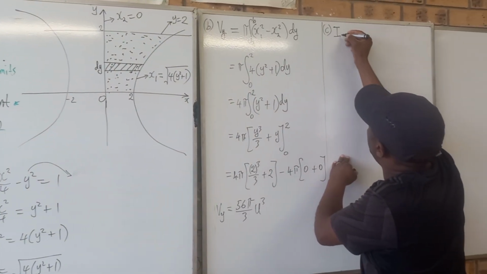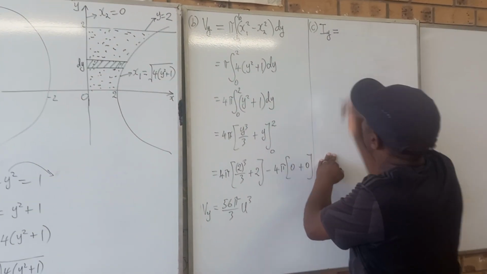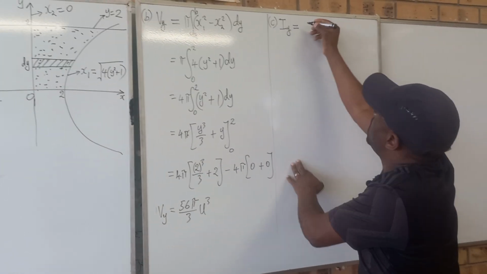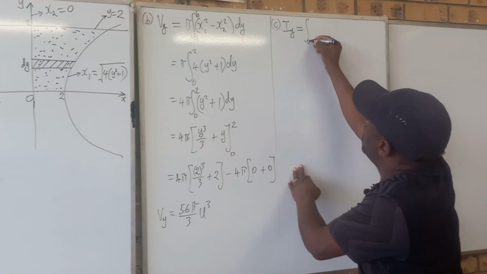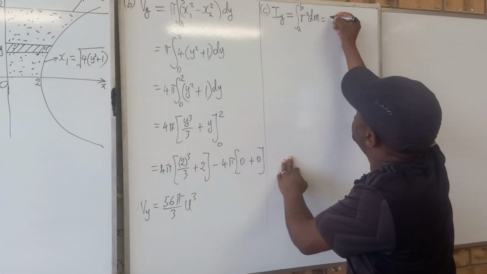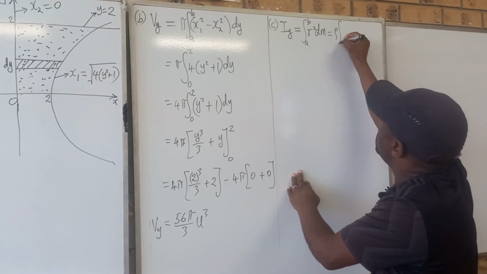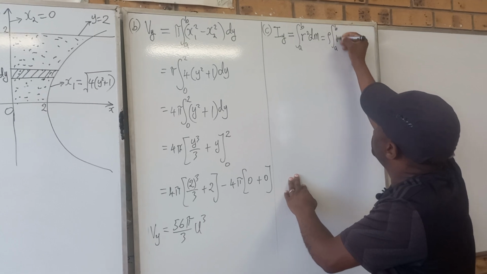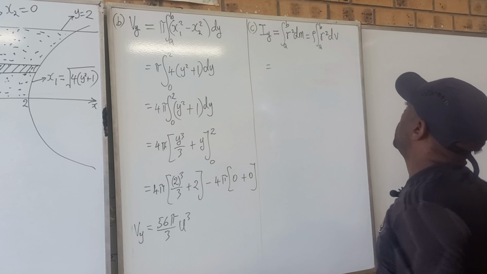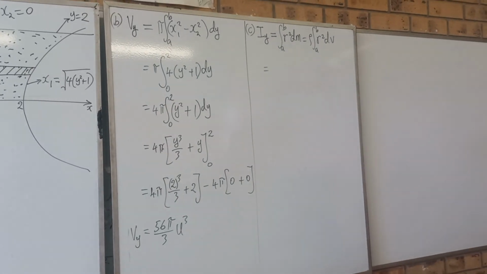I start by copying the general formula for moment of inertia, which is the integral from a to b of r squared dm, which continues as density times the integral from a to b of r squared dV. So that's my general formula for moment of inertia.